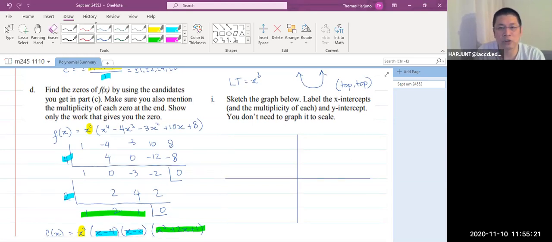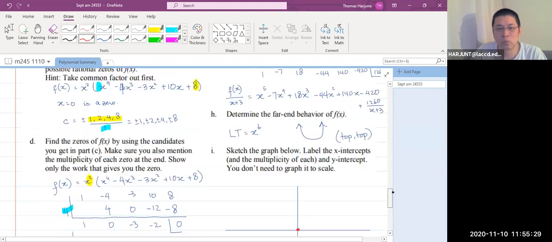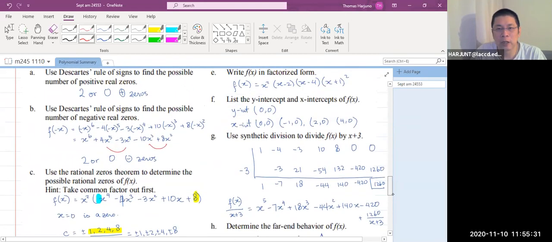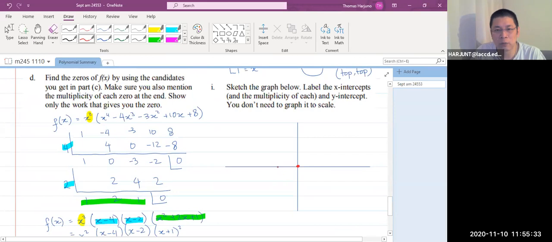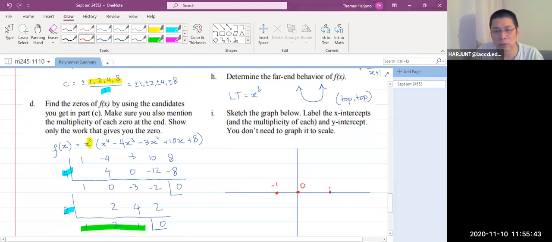Okay. Sketch the graph. 0, 0 is the x and y intercepts. What else? Negative 1, comma 0, also an x-intercept. 2, 0 and 4, 0.